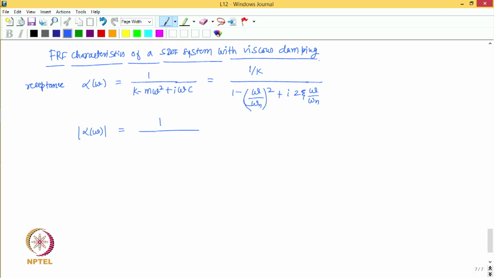We can multiply the numerator and denominator by k minus m omega square minus i omega c, right, and if you simplify, the magnitude would turn out to be 1 upon under root of k minus m omega square whole square plus omega c whole square.